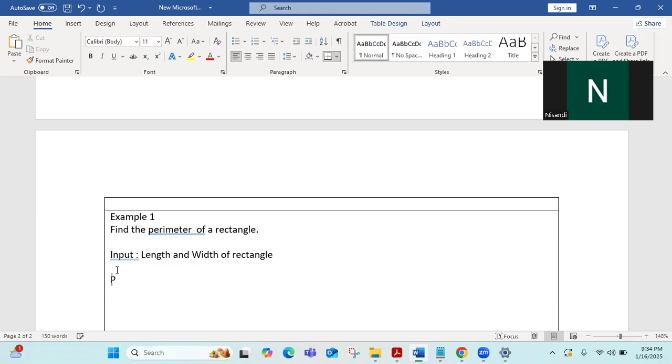Then the process is calculating the perimeter of the rectangle.